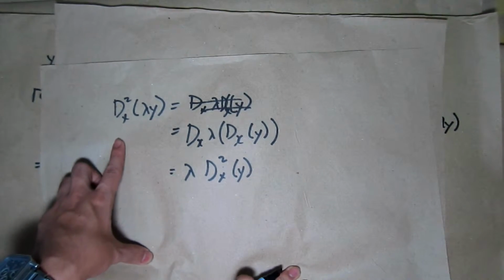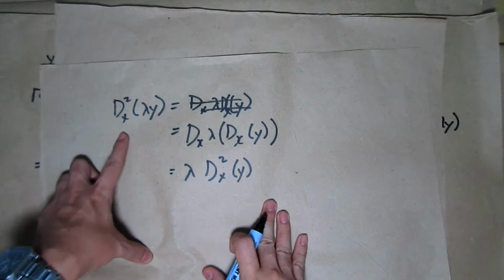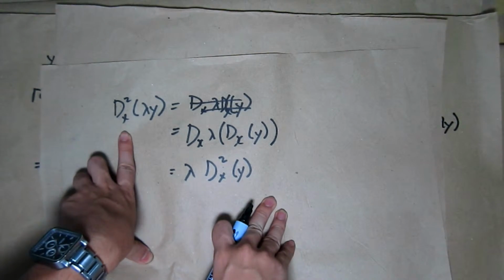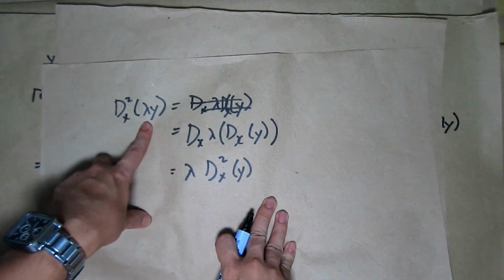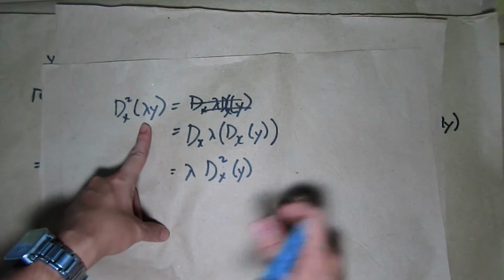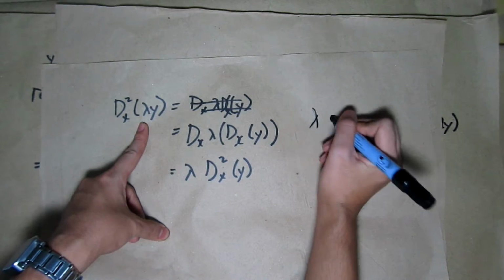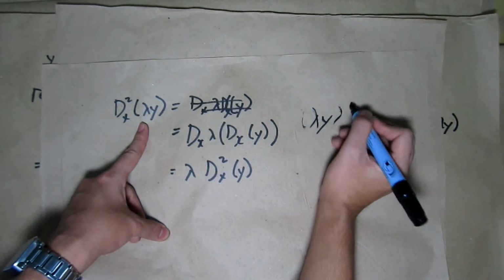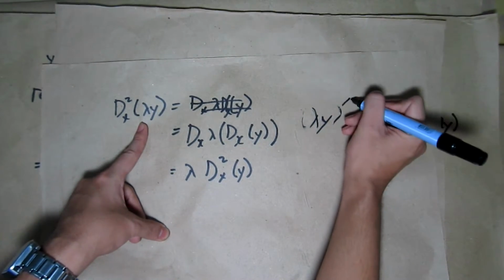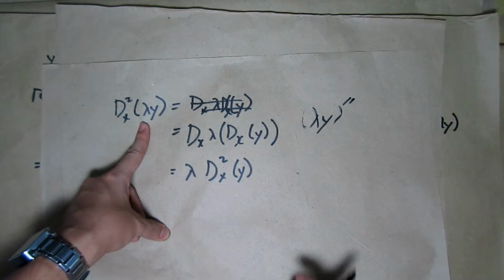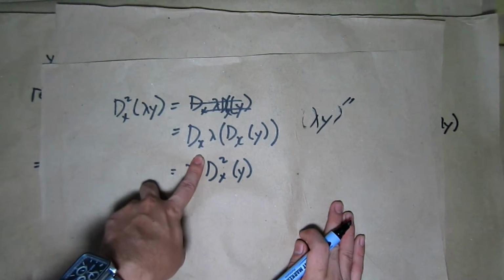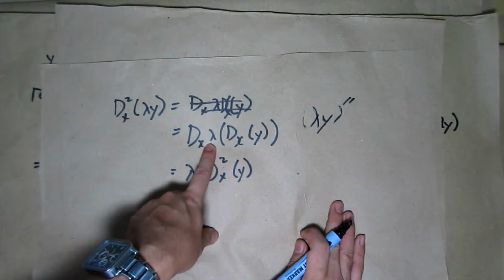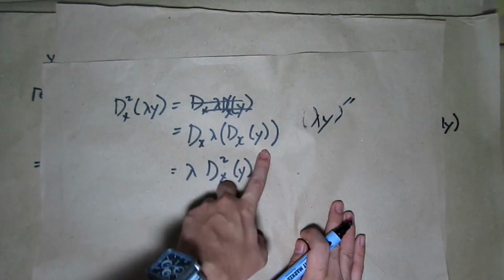So what I did is, for example, we have a second order derivative here. So this is just lambda y double prime. Then this is equal to the derivative of lambda times the derivative of y.